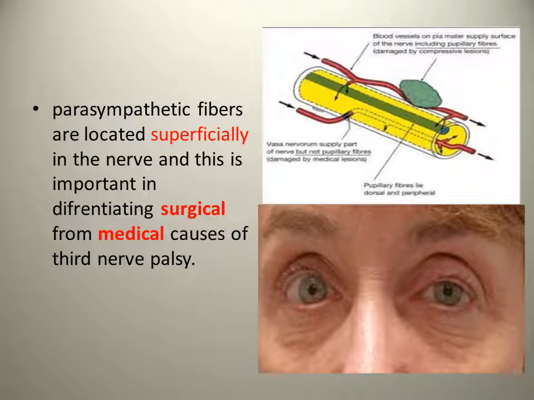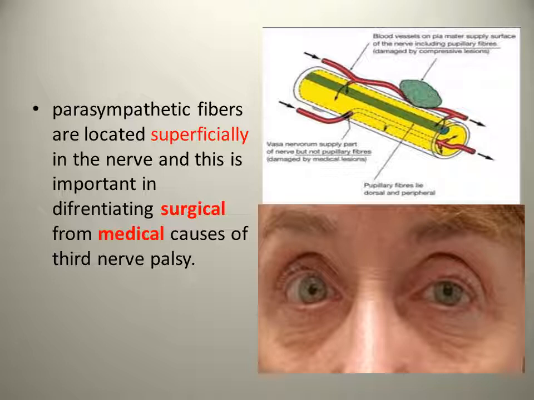This slide will explain the pathophysiology behind the medical causes and surgical causes of third cranial nerve palsy. As you know, the parasympathetic fibers, we said, are located superficially in the nerve.